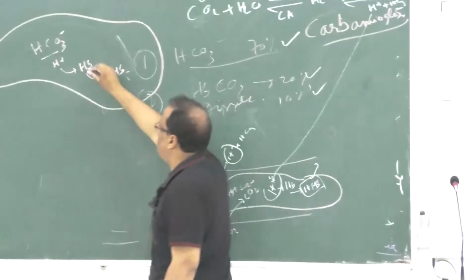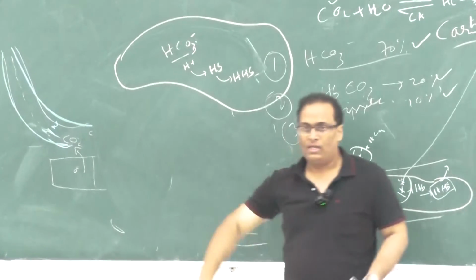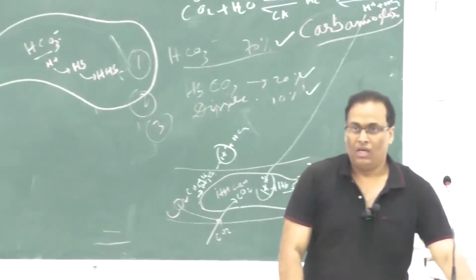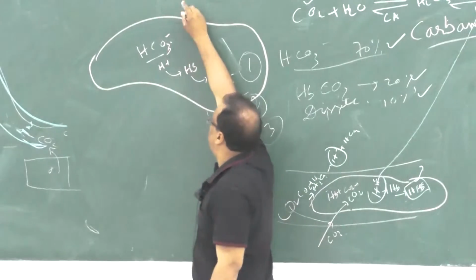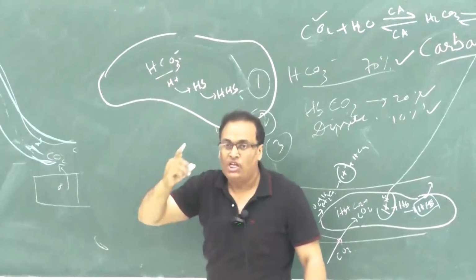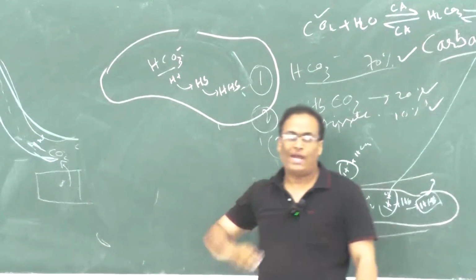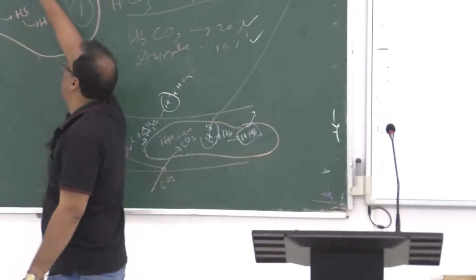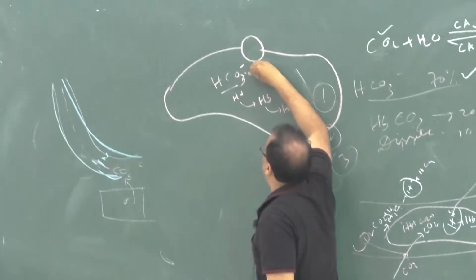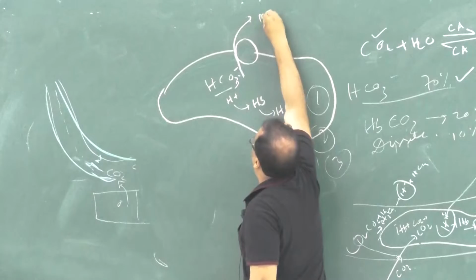Now what will be the action of this bicarbonate? Will it stay here or go out? Through what will it go out? Yes, that is called the band 3 membrane protein. Remember this. That is the anion exchanger. One bicarbonate goes out.